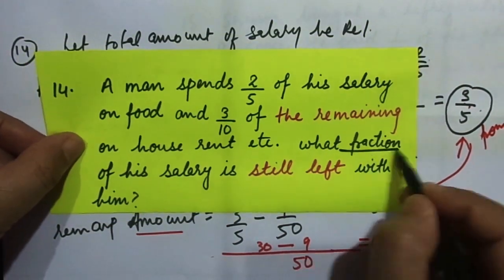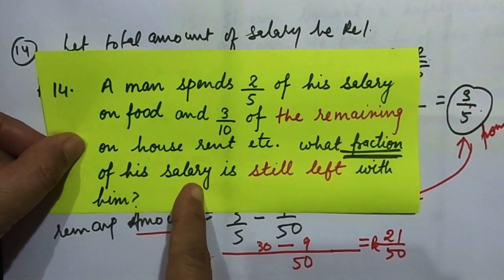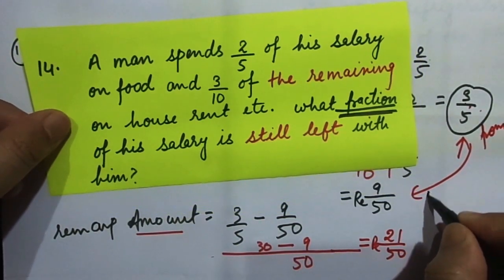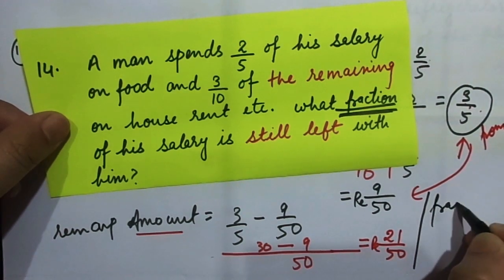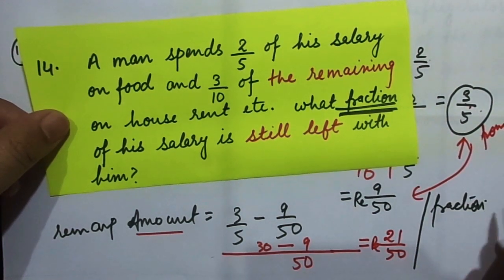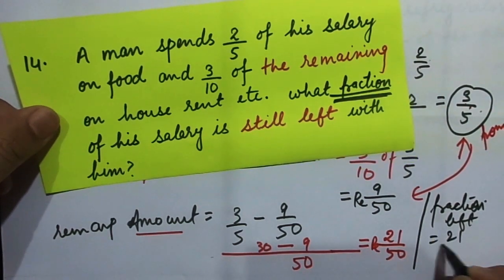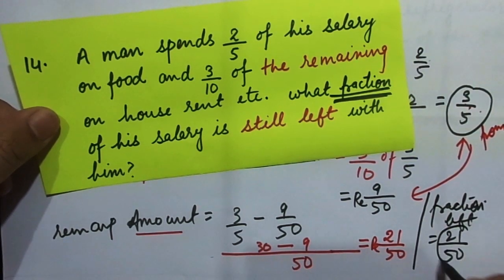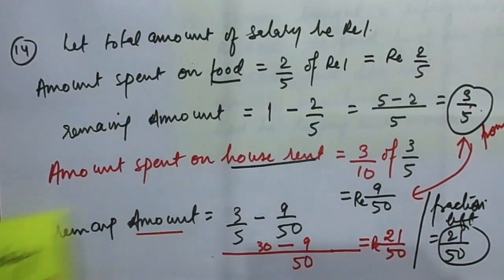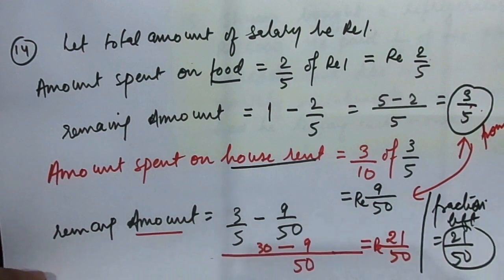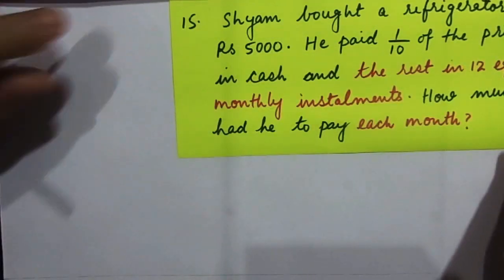They asked what fraction of his salary. So your answer should be in fraction. So at the end you will have to mention fraction left is equal to 21 by 50 and not rupee 21 by 50. This is what is called the basic concept of mathematics.